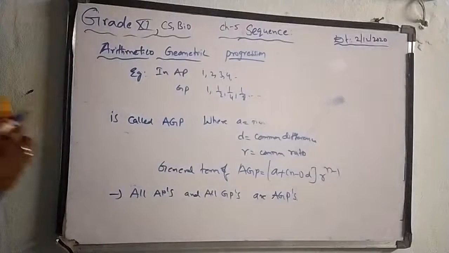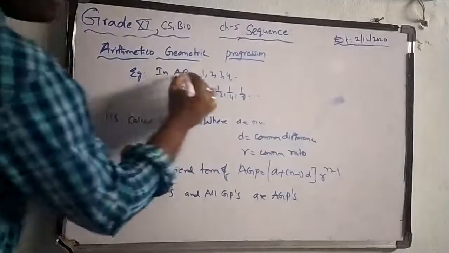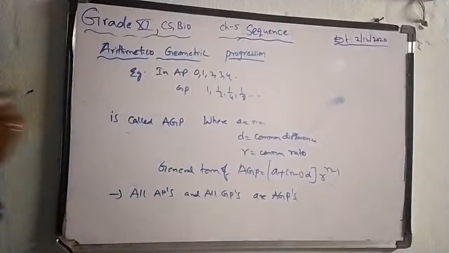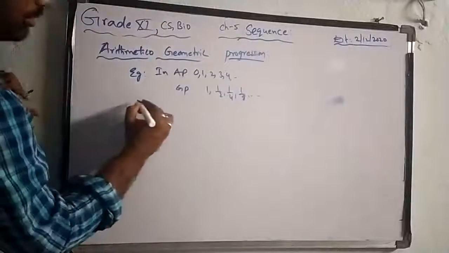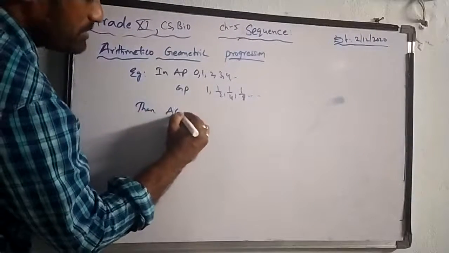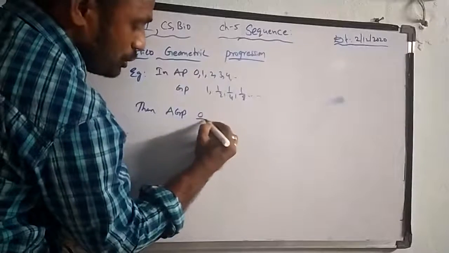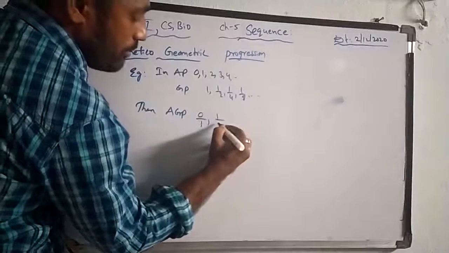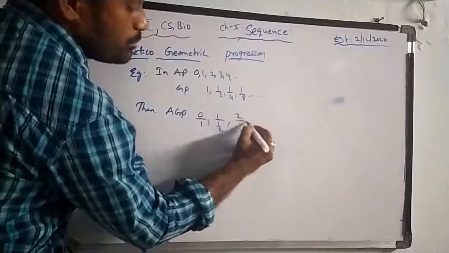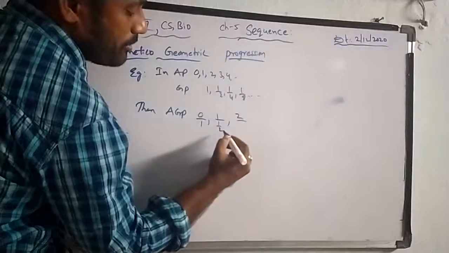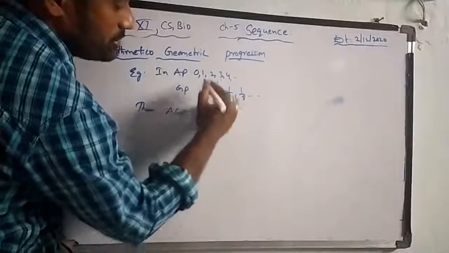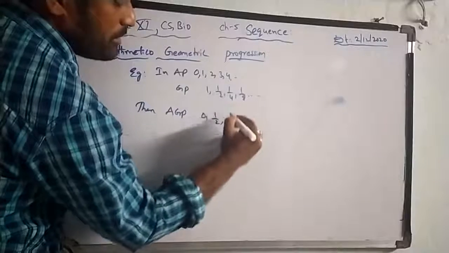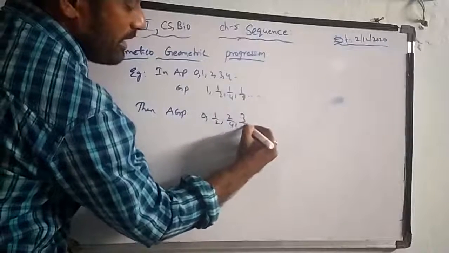If I want to write the arithmetic and geometric progression, then the AGP series will be 0 by 1, 1 by 2, 2 by 4, 3 by 8 and so on.